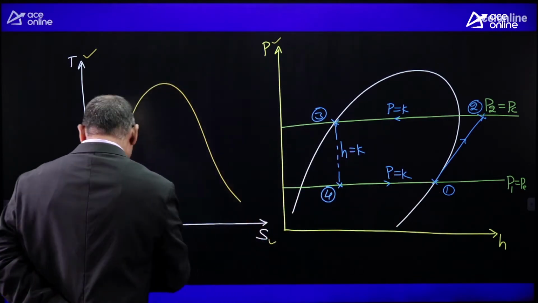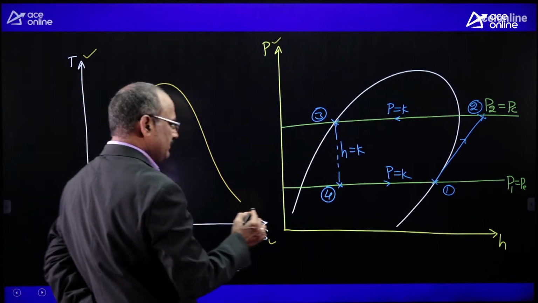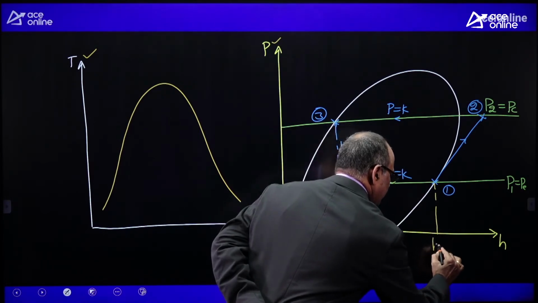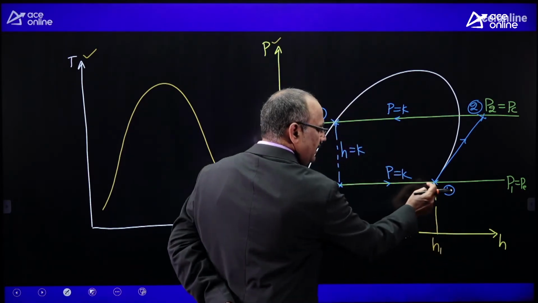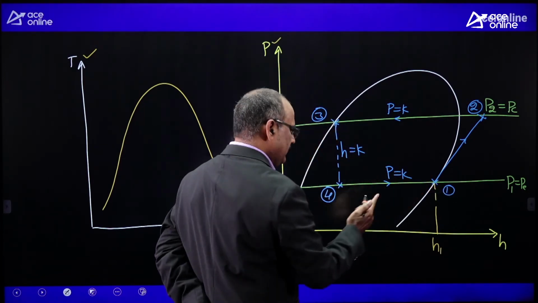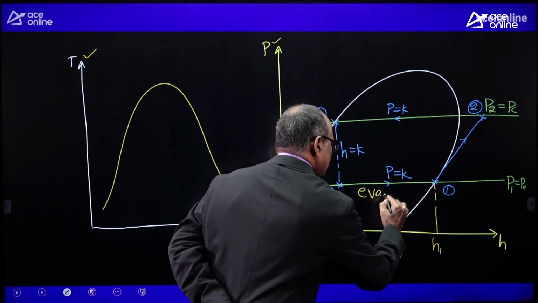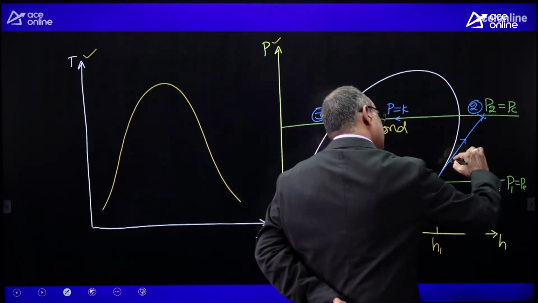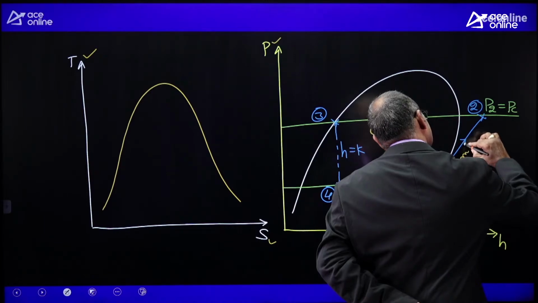Yes. Now let us mark the enthalpy limits. Enthalpy of the refrigerant at the beginning of the compression is H1. At the beginning of the compression means at the end of the evaporation, because this is the evaporation process. This is the condensation process. And this is the compression process.